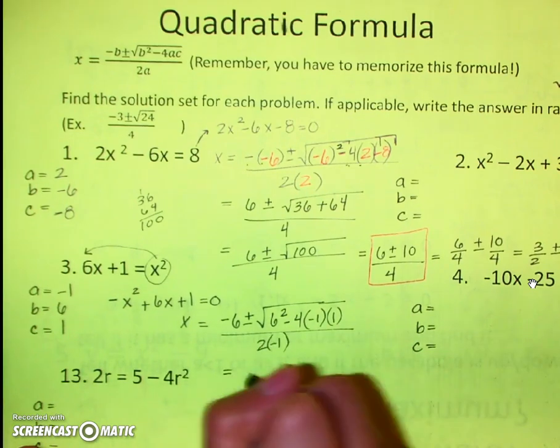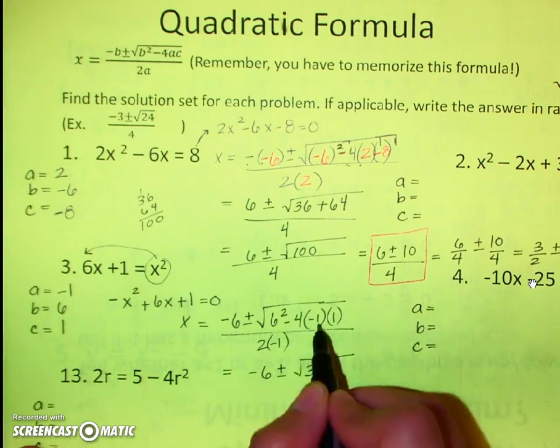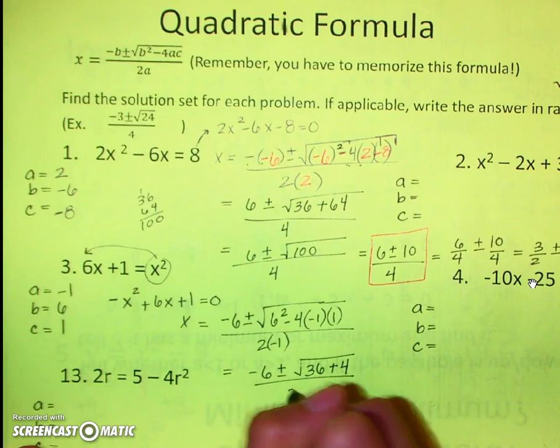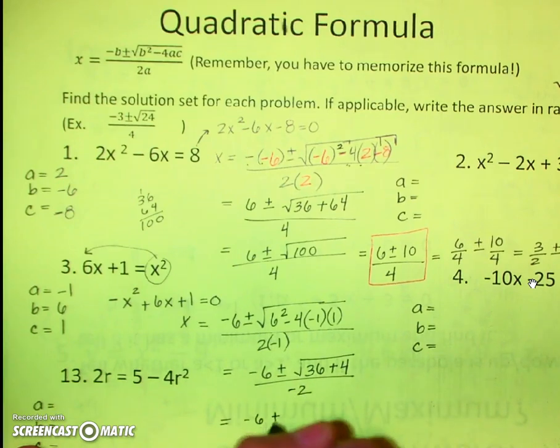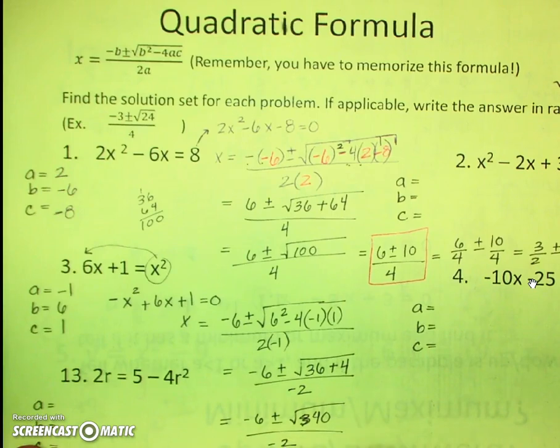Okay, when you simplify this quadratic formula, you get 6 squared, which is 36. A negative times a negative turns into a positive 4, all over negative 2. We know that 36 plus 4 is 40, all over negative 2.